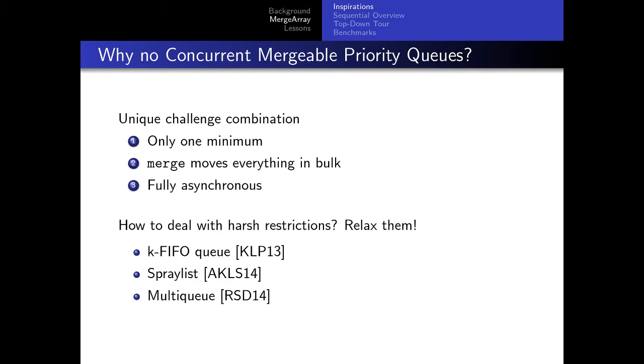There's also the spray list, which was developed by other people in my group. I don't know if you know what a skip list is. You basically have a linked list, and then you have another linked list that gives you a shortcut to every other node. Okay. And on top of that, you have one that gives you a shortcut to every fourth node, recursively, as high as you need it.